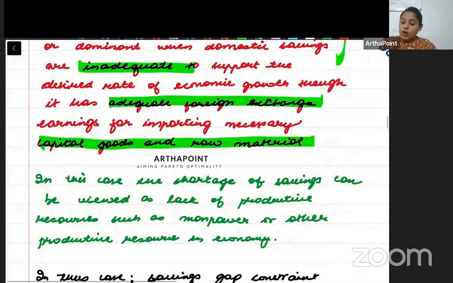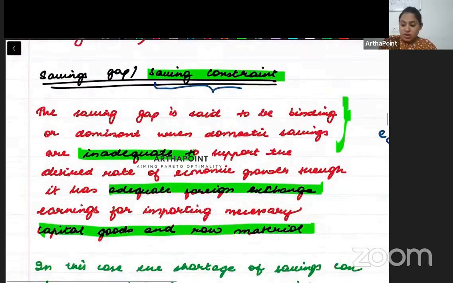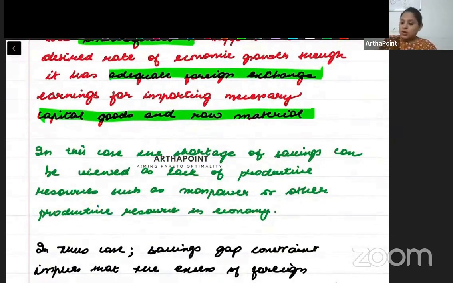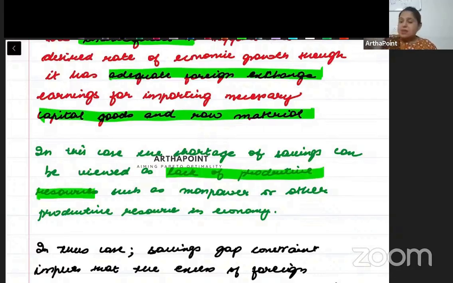So when you have a savings constraint, this savings constraint is viewed due to lack of productive resources. ऐसा माना जाता है कि आप proper save नहीं कर पा रहे हो because you do not have the right manpower, you do not have the right productive resource in your economy.